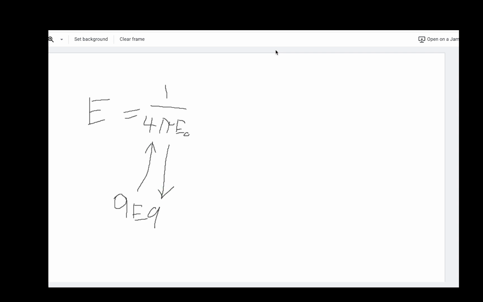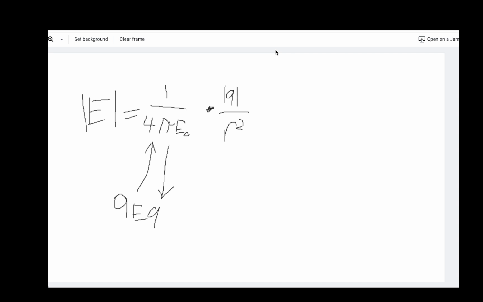Basically, this is then multiplied with the absolute value of Q over r squared. This Q is an absolute value because we don't want the sign of the charge to say anything about the field, because the field will also be an absolute value, since we're only measuring the strength of the field.